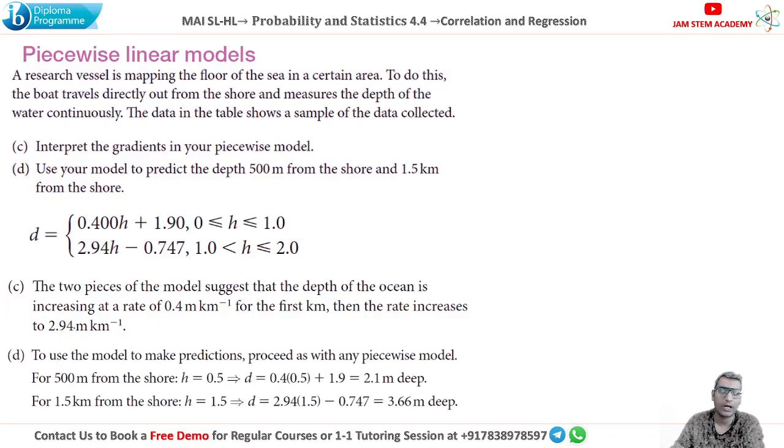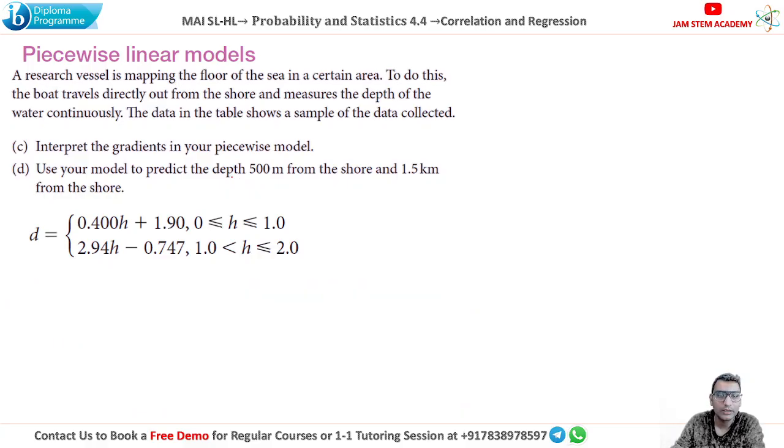Now the second part says to use the same model to predict the depth at 500 meters from the shore and 1.5 kilometers from the shore. So what do you have to do? You have to use these values of h to calculate the d. They are asking for finding the depth d for this as my h value first and this as my h value for the second.